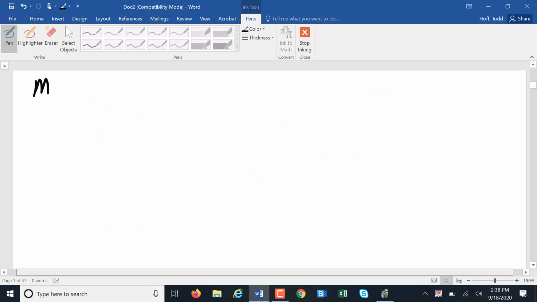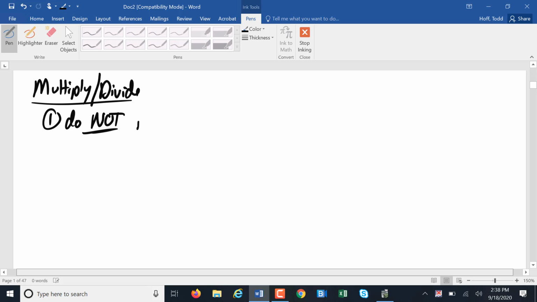So now remember, when we multiply and divide, we do not need the same name. So that means that when we multiply or divide our decimals, we don't have to worry about lining up decimal places.